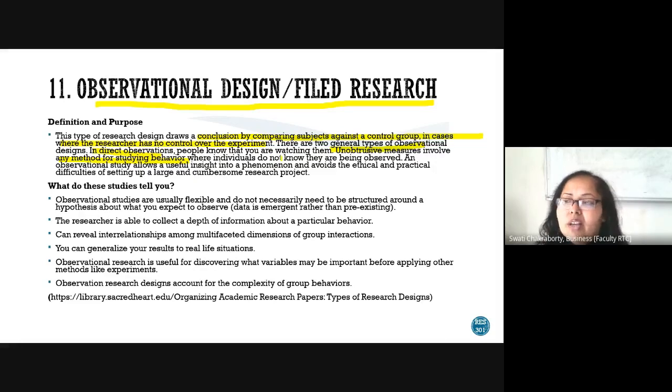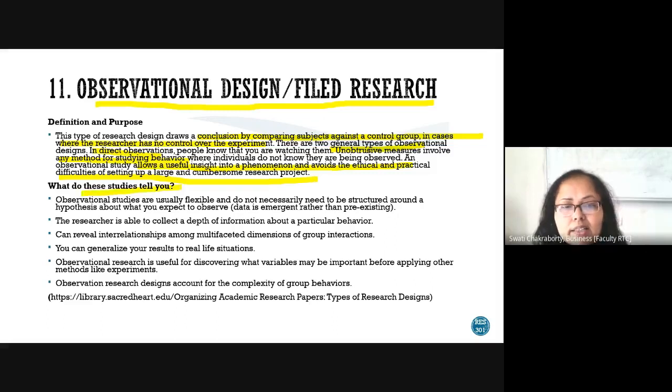So in one your respondents know that they are being watched, and in the other your respondents do not know that they are being watched. So an observational study actually allows a useful insight into a phenomenon and avoids the ethical and practical difficulties of setting up large, cumbersome research projects.